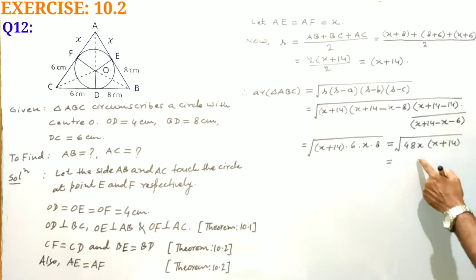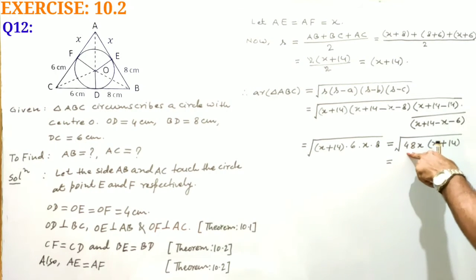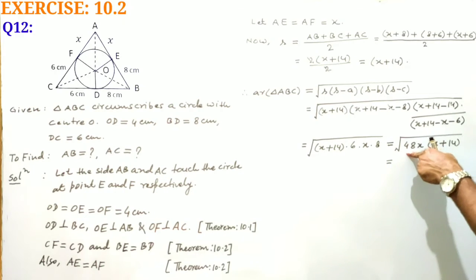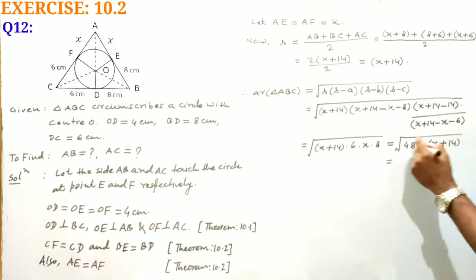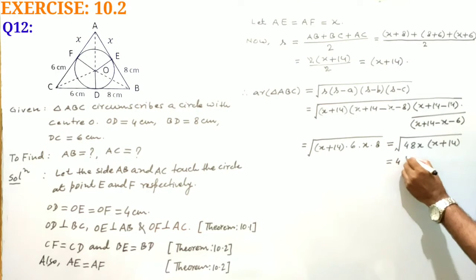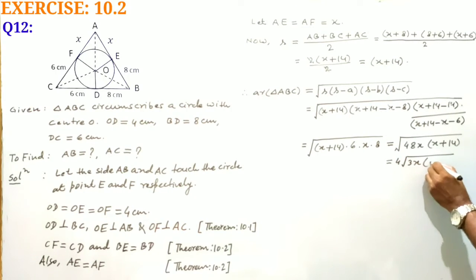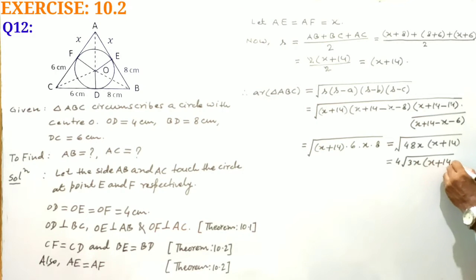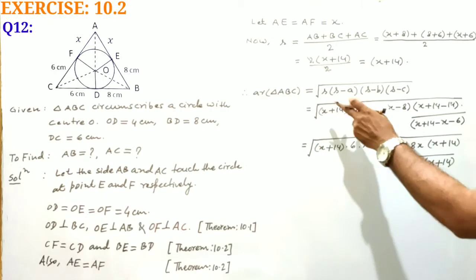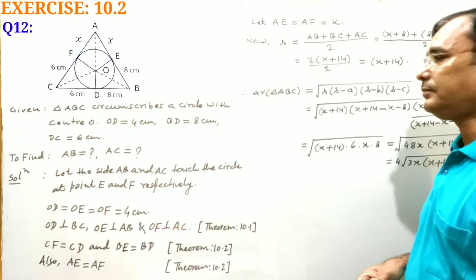Further it can be written as 48, we can understand 16 into 3. 16 is perfect square, so its square root is 4 under root 3x into x plus 14, and this is area of triangle ABC.